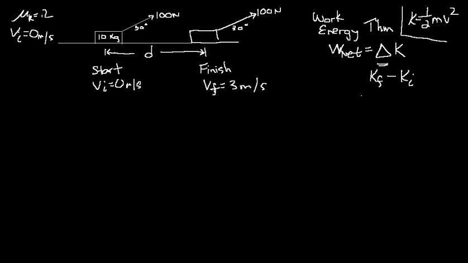So the final kinetic energy is going to be 1/2 the mass times the final velocity squared. The initial kinetic energy is going to be 1/2 the mass times the initial velocity squared. And that whole thing is going to be equal to the total or net work done on the object by all the forces. So that's just something on the side that we want to keep for definitions. Let's go back to our problem.